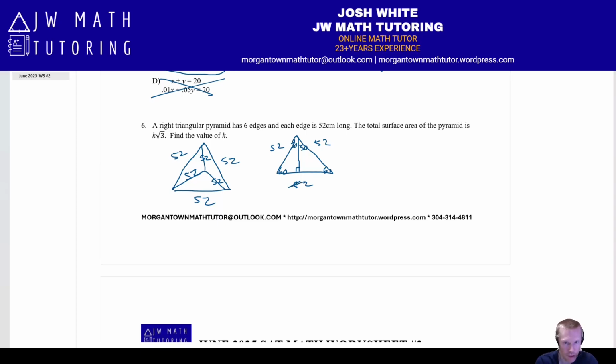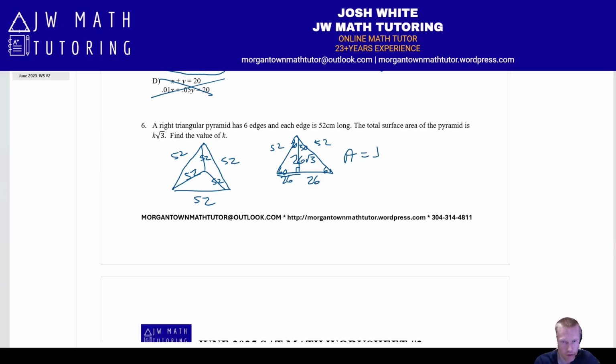So this becomes 26, because if you think about special right triangles, 30-60-90, the ratio between the short leg across from the 30 and the hypotenuse is 2 to 1, or 1 to 2 depending on which way you're going. So you divide the hypotenuse by 2 to get this, and then the height is going to be 26 root 3. You multiply the short leg by the square root of 3.